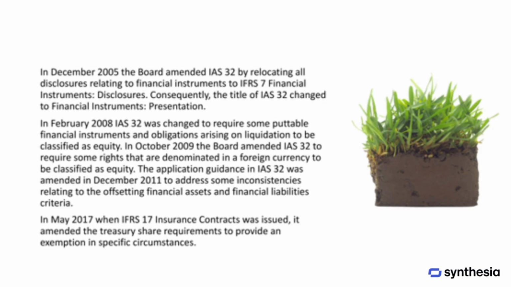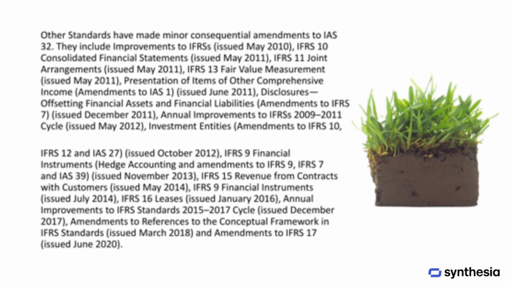More recently, in May 2017, changes associated with IFRS 17 introduced an exemption for treasury shares in specific circumstances. Over time, IAS 32 has been updated through a number of minor amendments made by other standards. These changes were introduced to keep the standard aligned with broader developments in financial reporting and accounting practices.